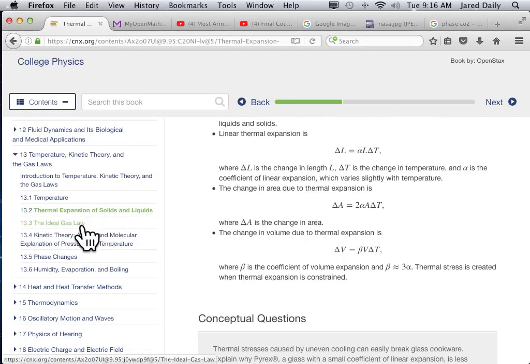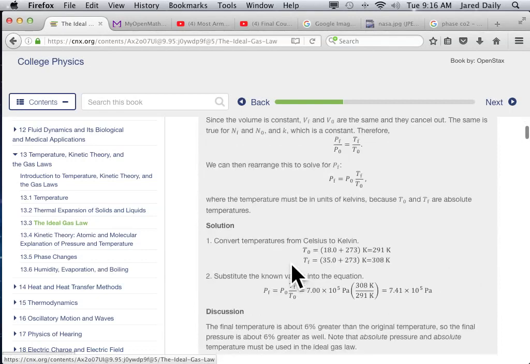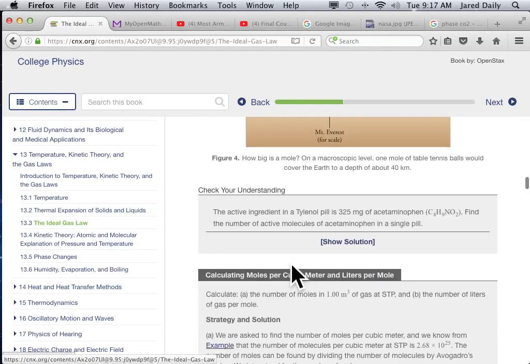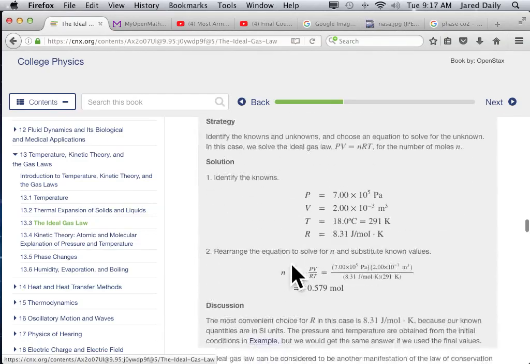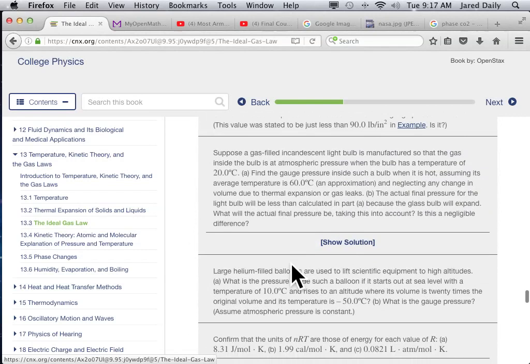It's 13.3. There it is. Large helium-filled balloons are used to lift scientific equipment to high altitudes.